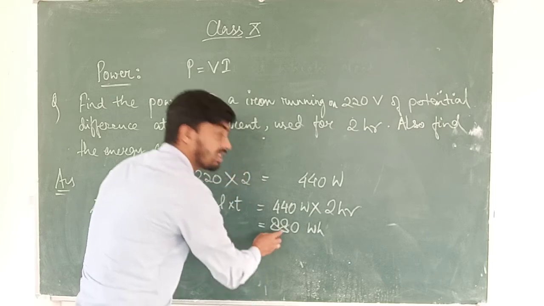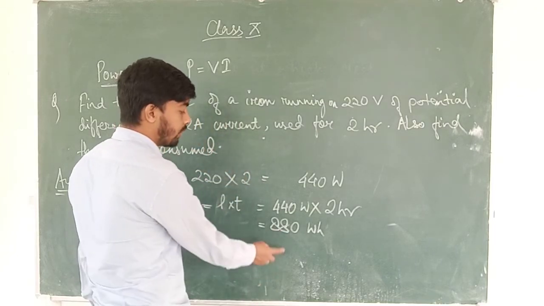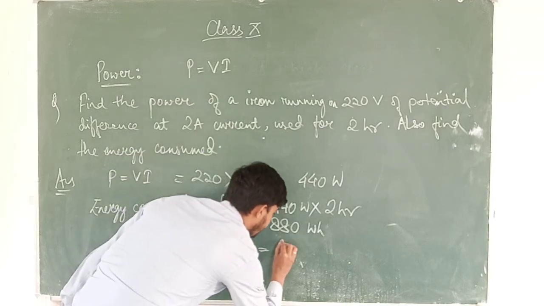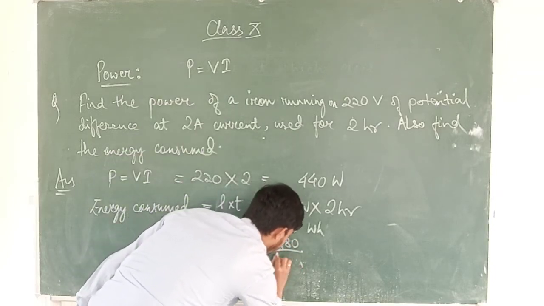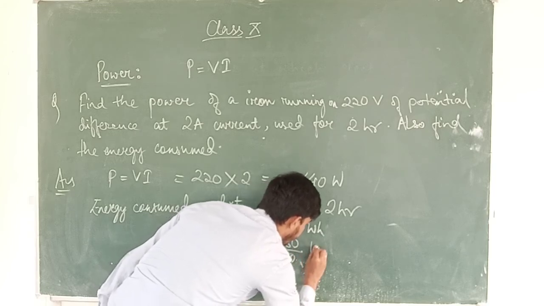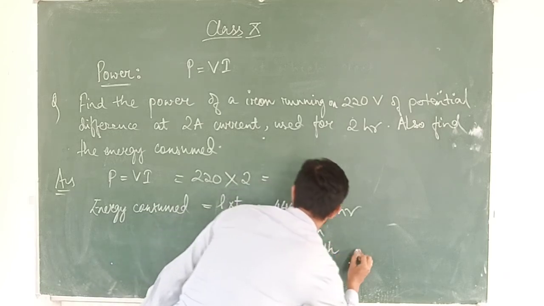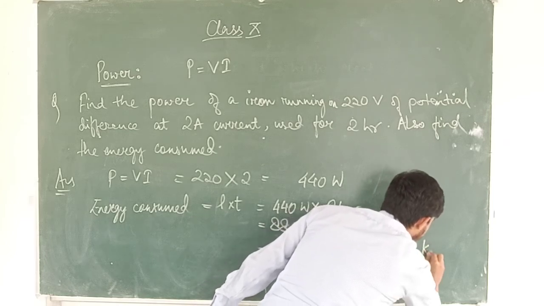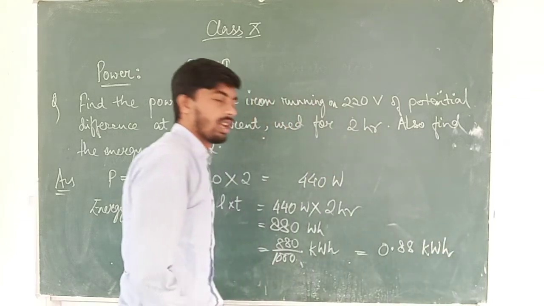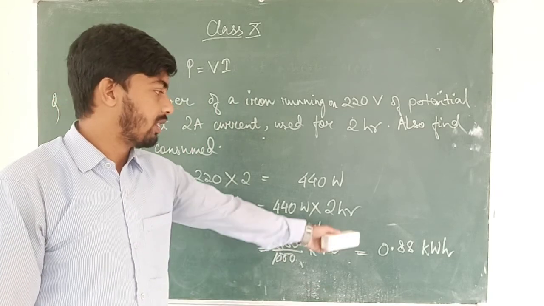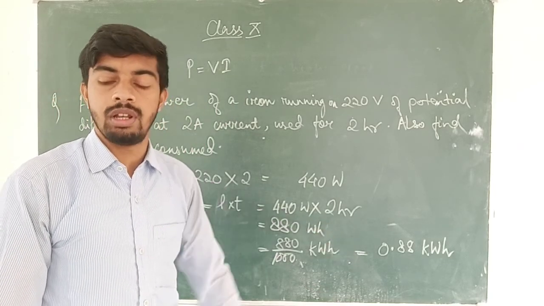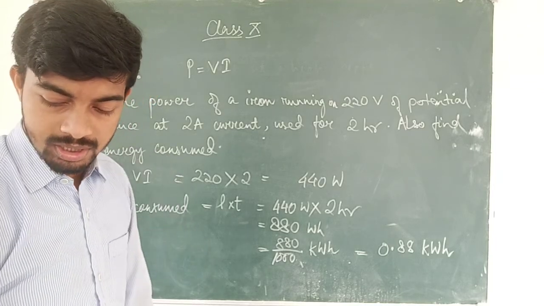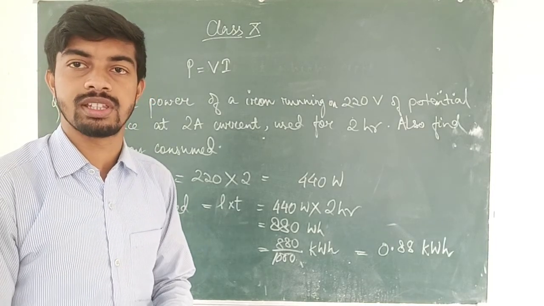To convert, we divide 880 by 1000, which gives us 0.88 kilowatt hour. If you need to find the bill, this will be 0.88 units, and we multiply it with the rate of money. This is how we can solve questions related to power.